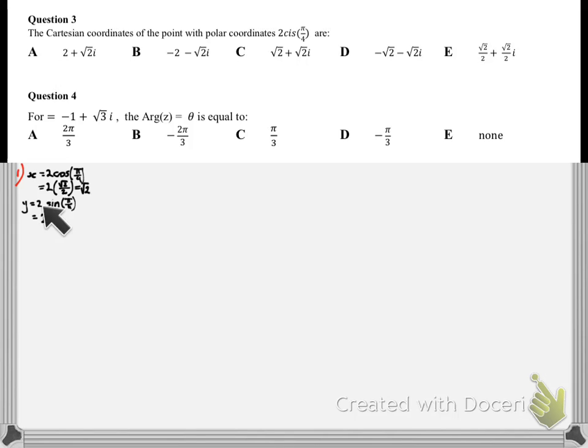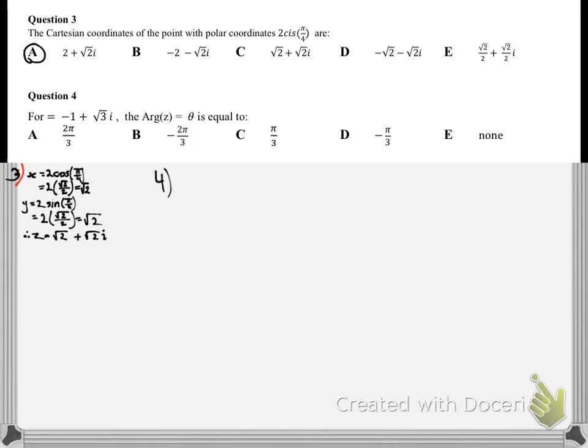And then we do the same for y. The imaginary part, y, is 2 times sine pi on 4, and we get 2 lots of root 2 on 2. And we put them together. And we have it. So that gives you option A as your answer.